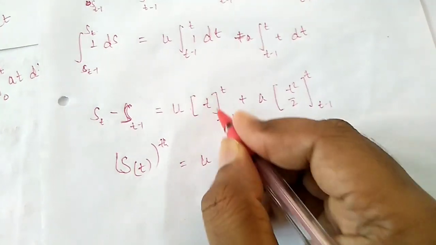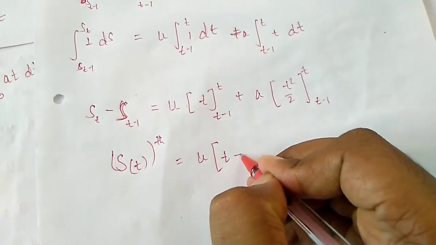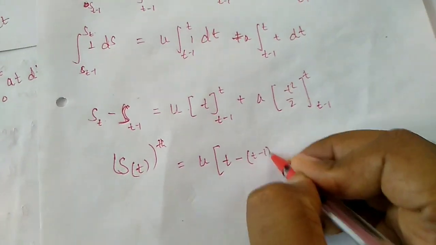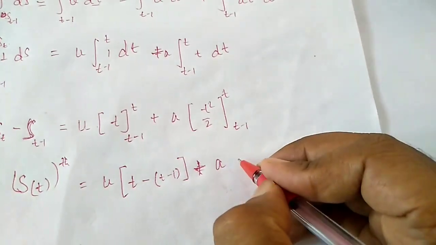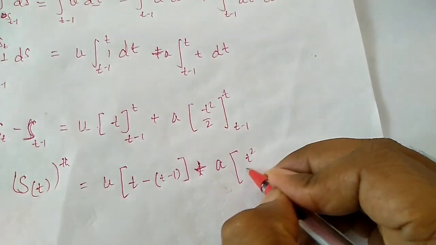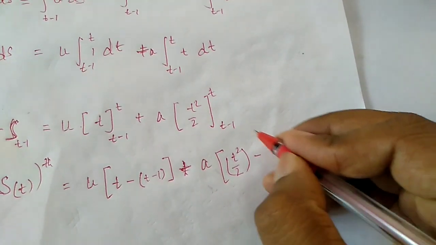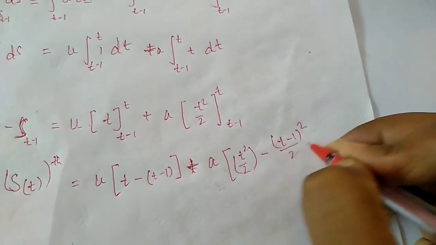And now u, upper limit first, see here the upper limit is t minus lower limit t minus 1, bracket t minus 1, upper limit minus lower limit, same way here, plus a, upper limit is what, t square by 2 minus lower limit, t minus 1 whole square by 2.